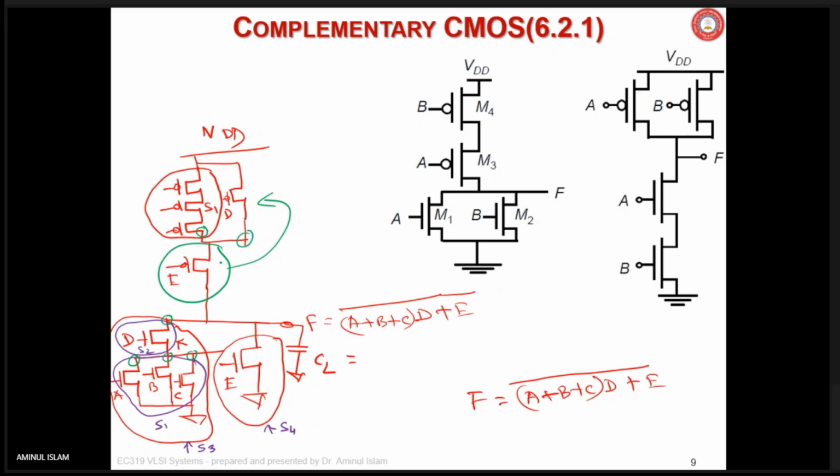Compare now. Now it is having only one. So 2 drain diffusion capacitances are involved here, whereas it will be 3 plus 2, 5. So a lot of CL will increase, which is parasitic capacitance, and a higher value of capacitance means charging and discharging of the output node will take longer time.